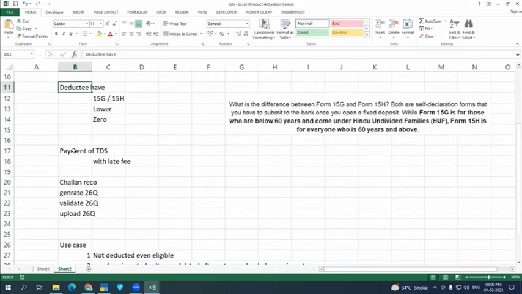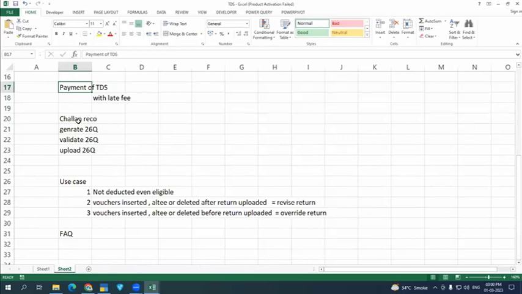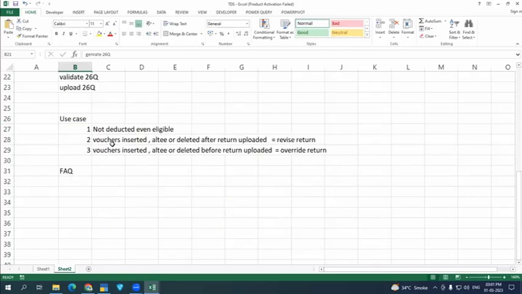Then payment of TDS through Challan 281. Then Challan reconciliation, generate 26Q, then validate, and then we are going to see how to create the 26Q file and upload it. And last, if we have sufficient time, we are going to see some use cases.